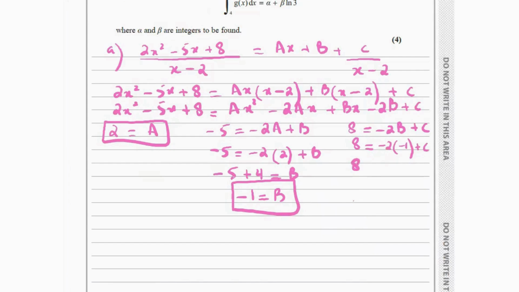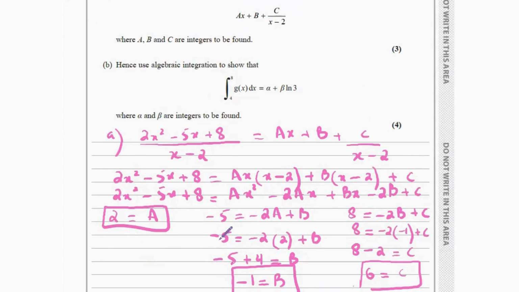That's going to be 8 minus 2 equals c, which is 6. So we have the values of a, b, and c. So it's going to be 2x minus 1 plus 6 over x minus 2. That is your answer.